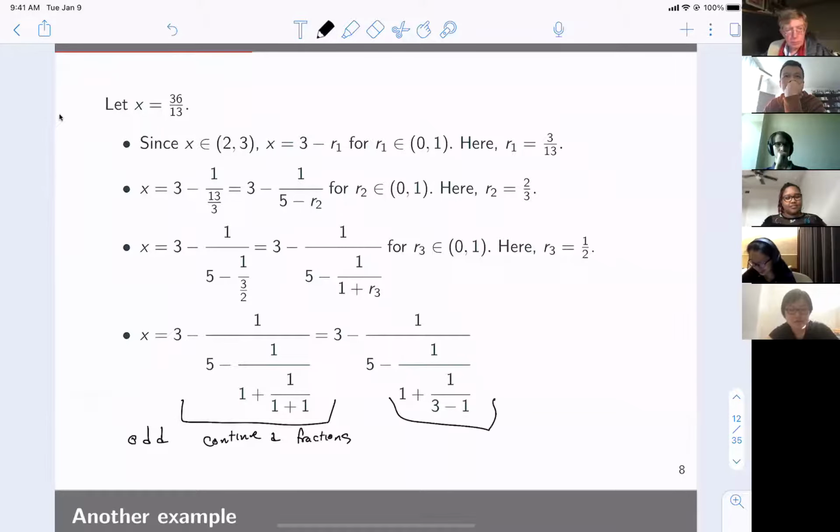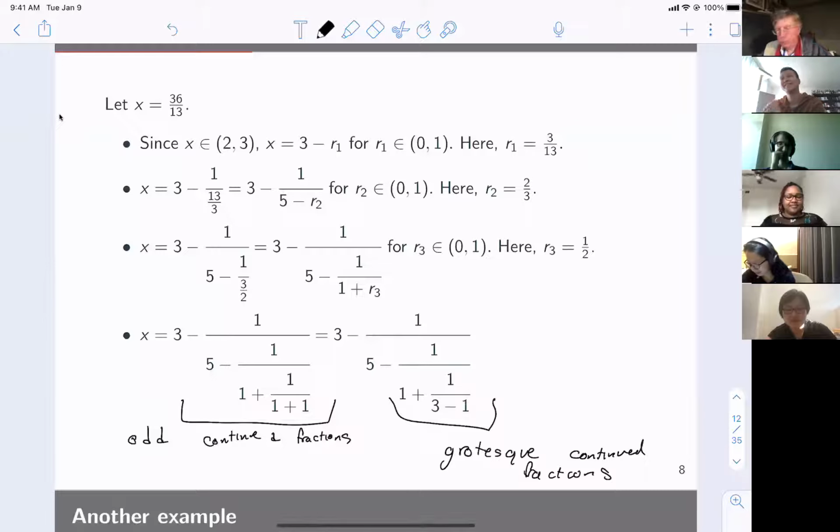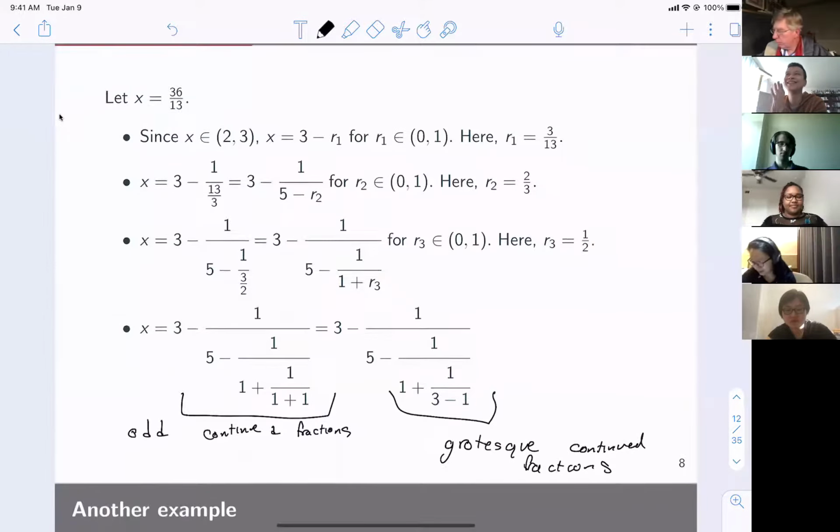And this is what Rieger so kindly named the grotesque continued fractions. And what we're going to do is end up interpolating between these two and then trying to extend that.